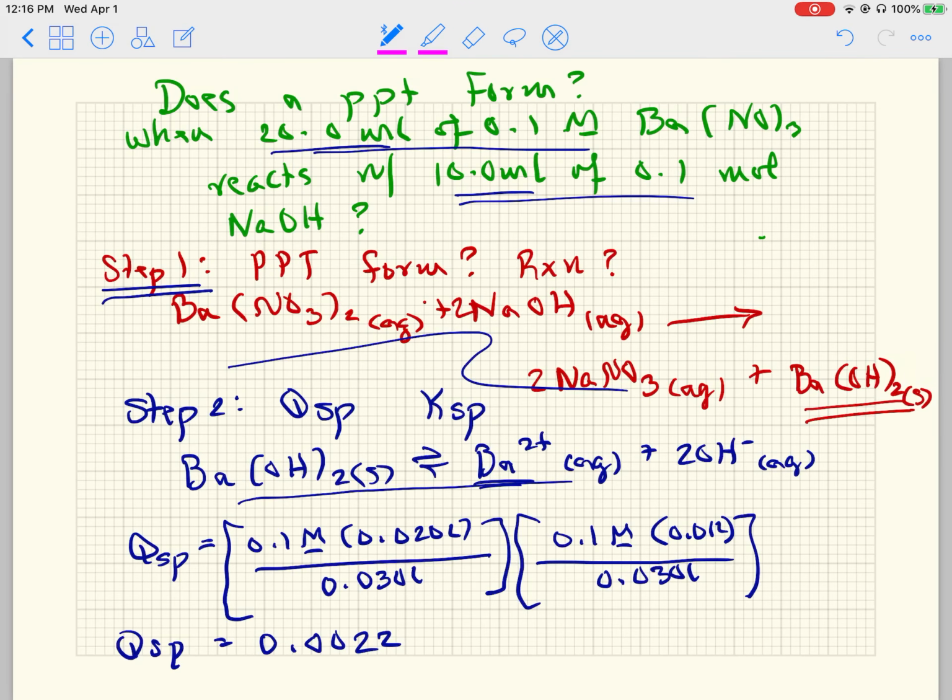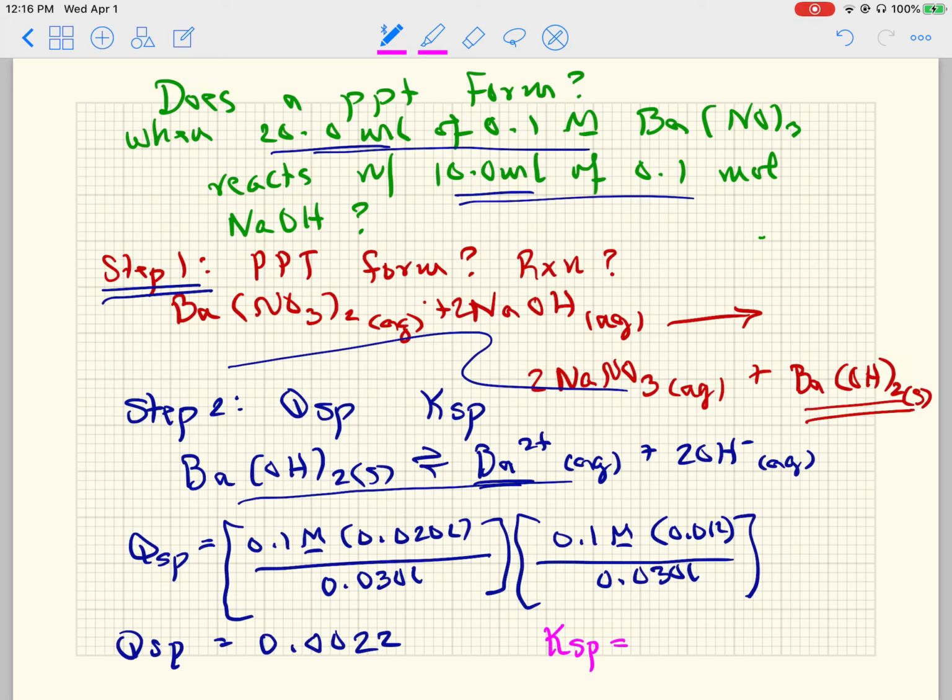The Ksp that we have, we will actually go to a chart. I sent that chart to you, so you should have that chart in your files. When you look at that chart, you should be able to determine what the solubility is of barium hydroxide. So you're going to go to the chart and see what the Ksp is. It's in the back of your book.